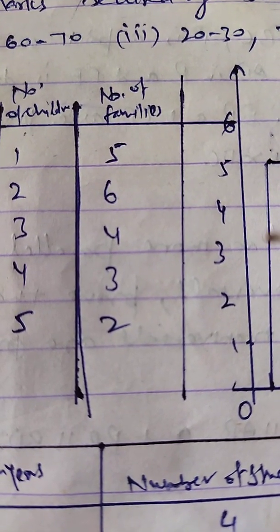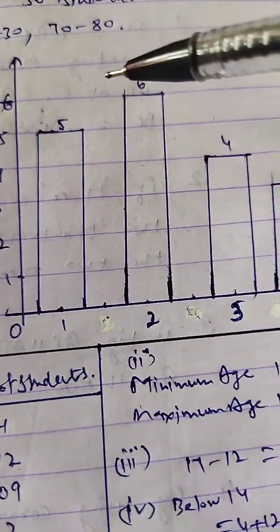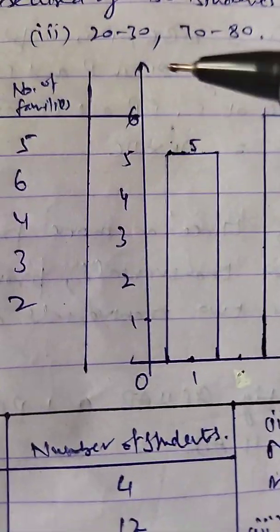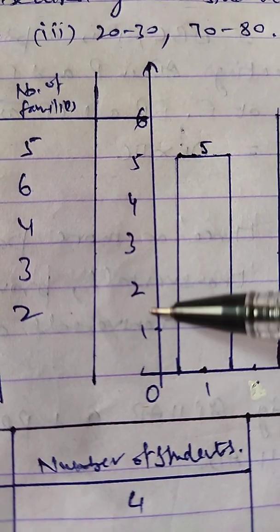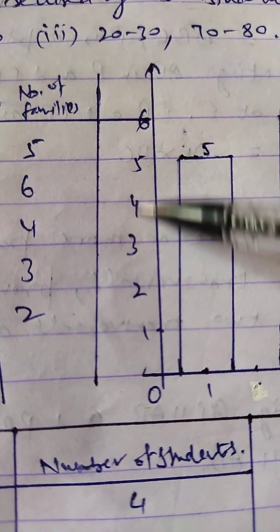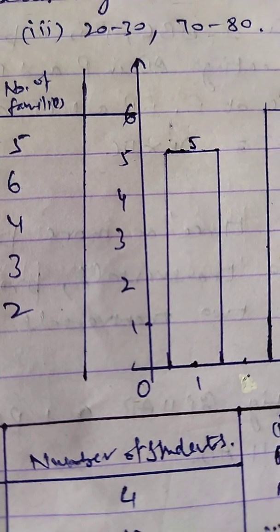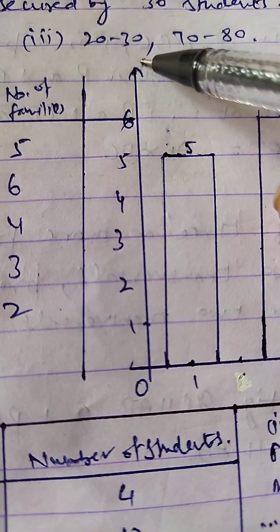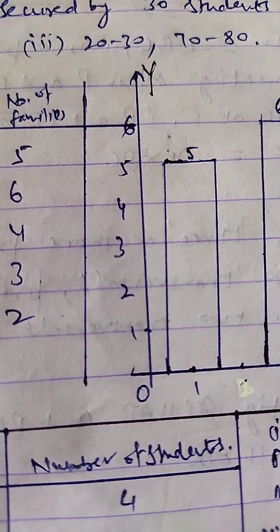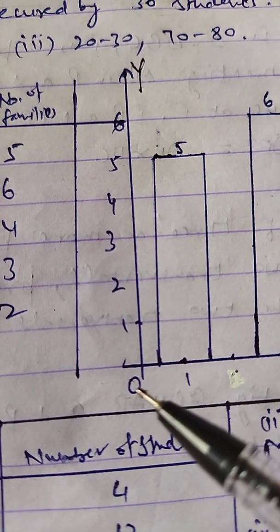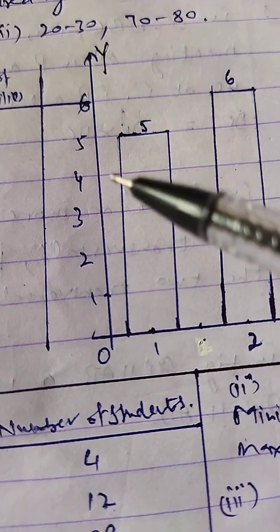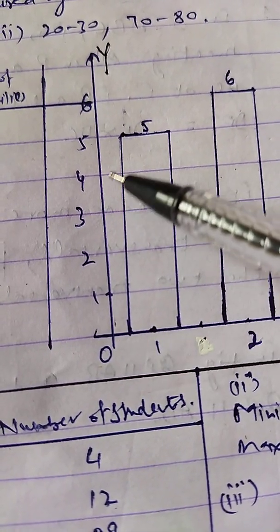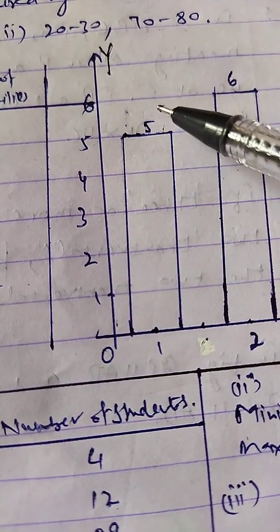If you want to draw the bar graph, that procedure I explained to you yesterday. Along the y-axis you need to write the number of frequencies. So this is the y-axis, you can mention over there, and here is the x-axis on which you need to draw the bars. You are free to put a gap between the y-axis and the first bar, whatever you want.